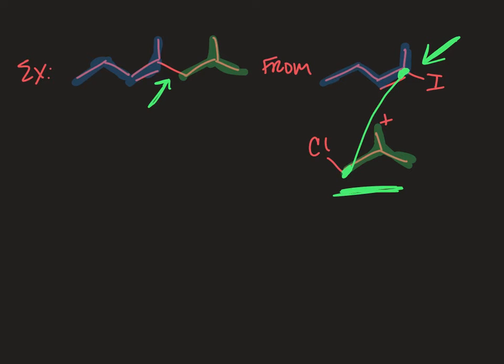So for your Gilman reagent, you need an alkyl halide. What you then add your Gilman reagent to could be allylic, vinylic, or just another alkyl halide. So we're going to start with our alkyl halide. We first need to do the lithium reaction.